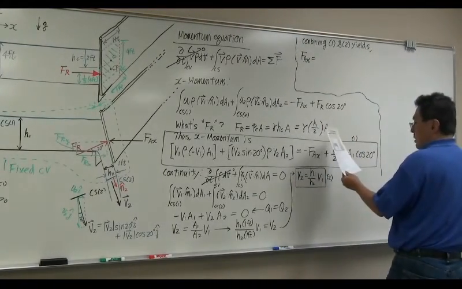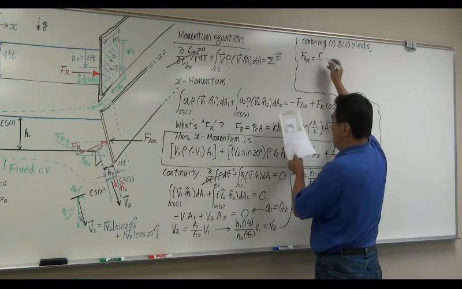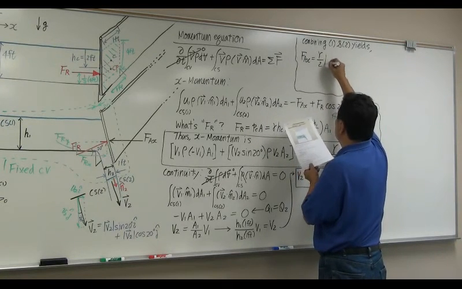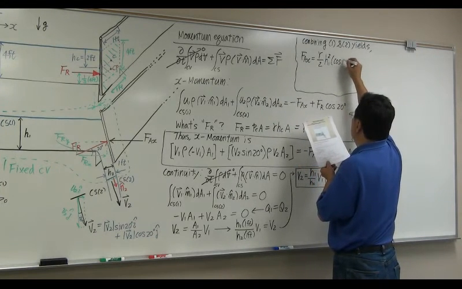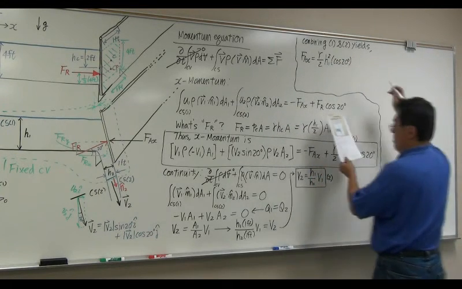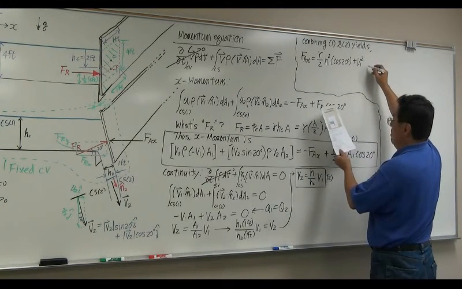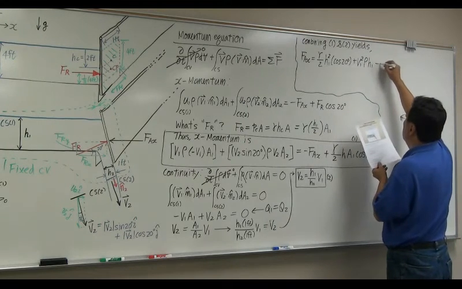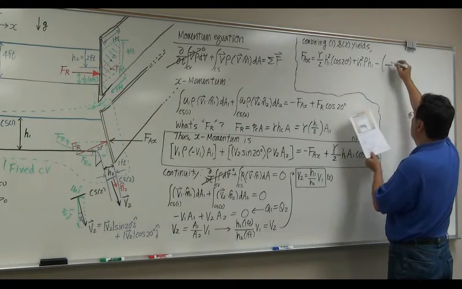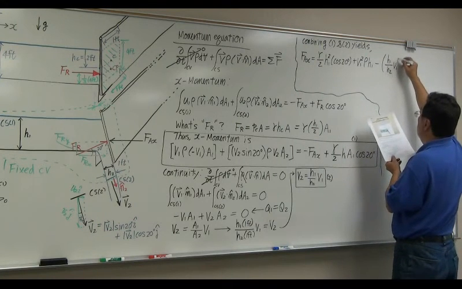So FAX is going to be 1/2 of gamma times H1 squared times cosine 20, plus V1 squared rho times H1, minus H1 over H2 times V1 squared.